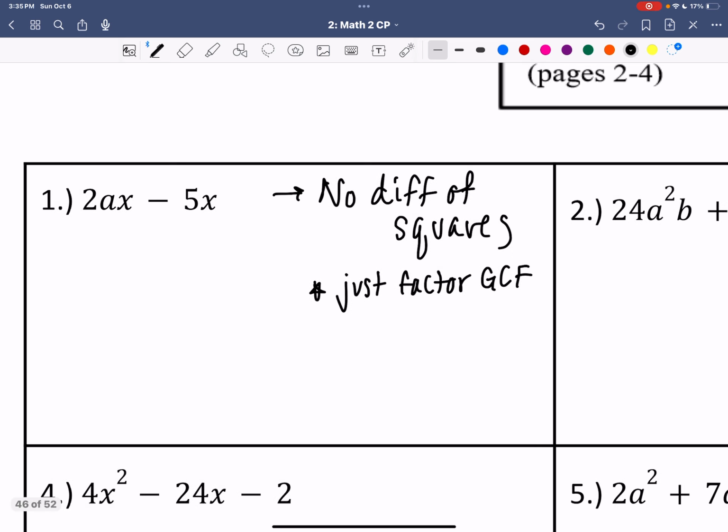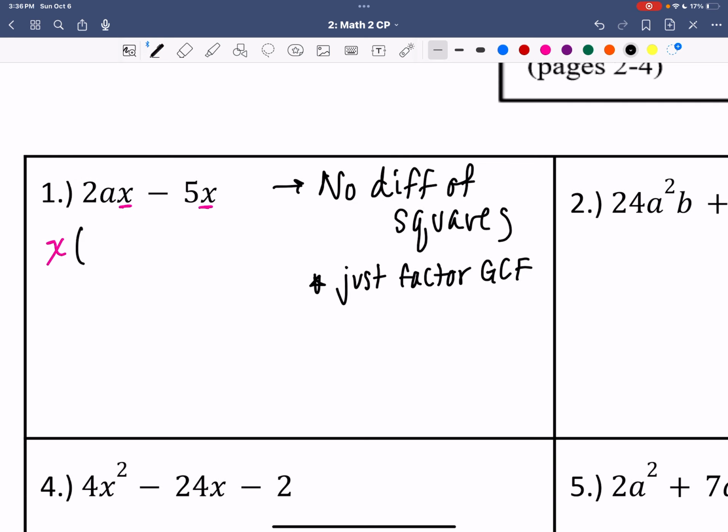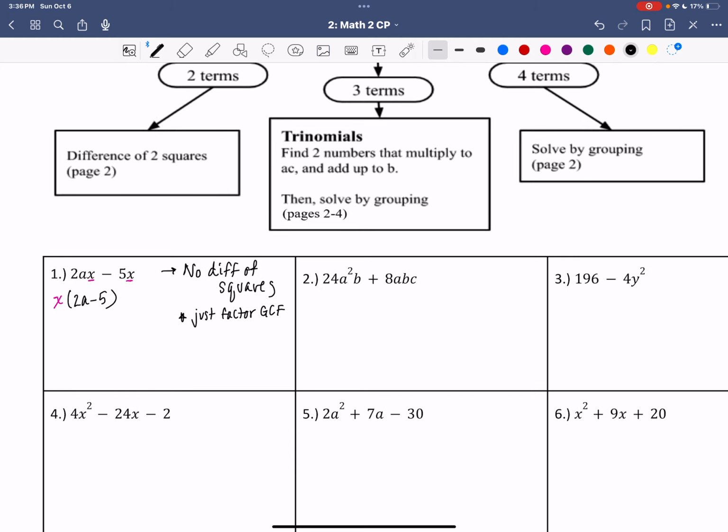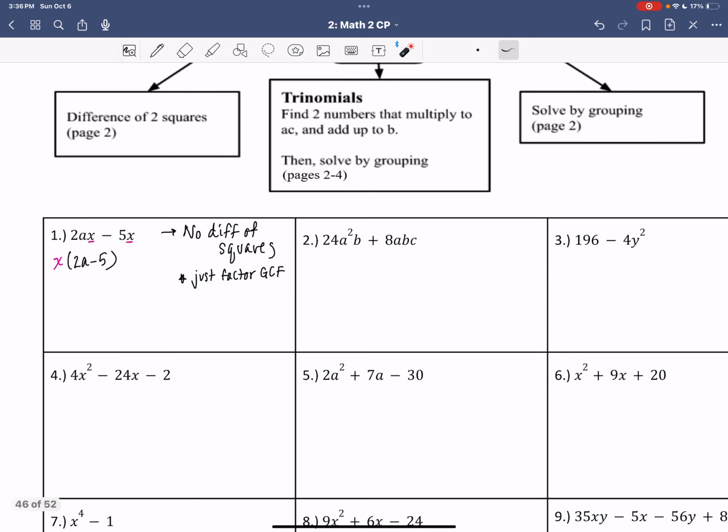In this case, we've got an x here and an x here. So we're going to factor that out, and then everything else stays in the parentheses. All right, so that's that one. What you're going to do is you're going to finish these two. And then now let's come down here with the trinomials.